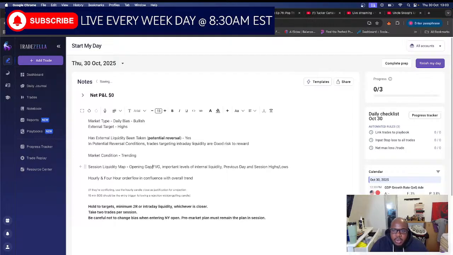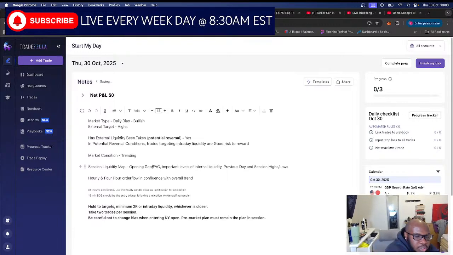So at the moment, the 4-hour chart is not in confluence with the overall trend, and the hourly chart is also not in confluence, as it is also in a downtrend. So that's no good for the buy side.